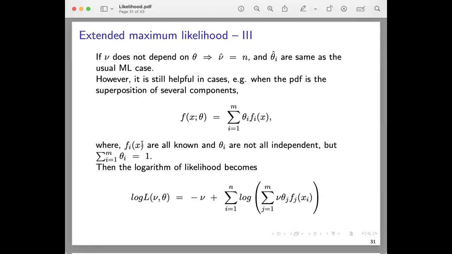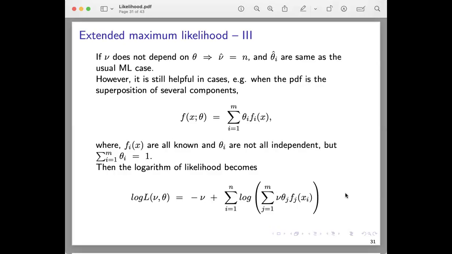In such cases, the log likelihood would become like this term, minus nu, plus the sum of the log of these product terms. Now you can redefine.